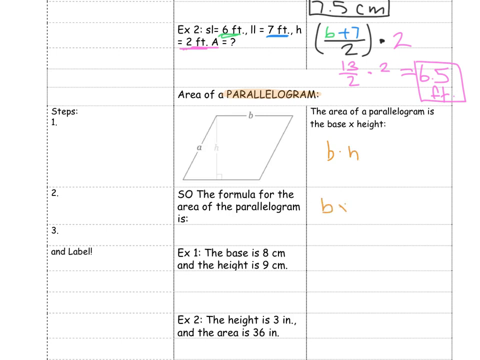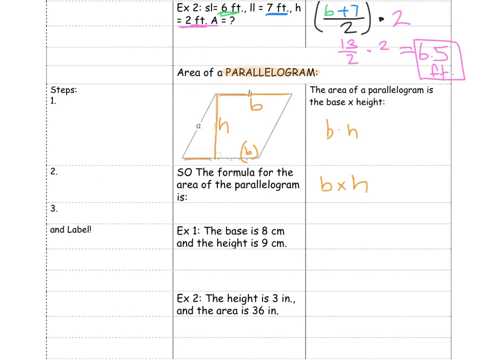B times H. So when you're looking at a parallelogram, remember it's not this side that's the height. It's this part right here, this straight line down. That's your height. And this right here, that's your base. Or this could also be the base.